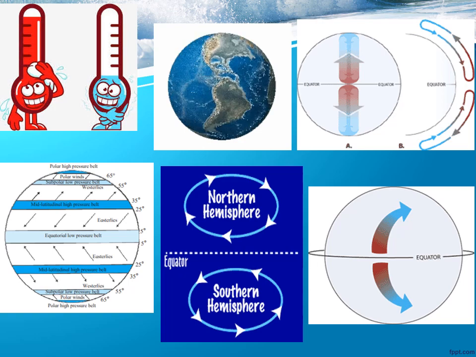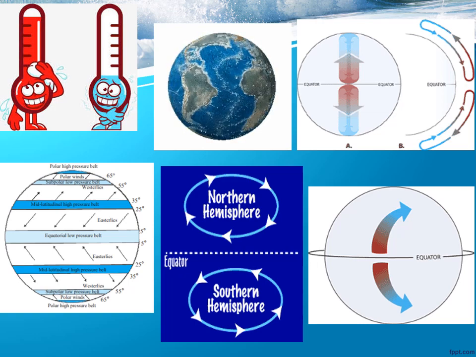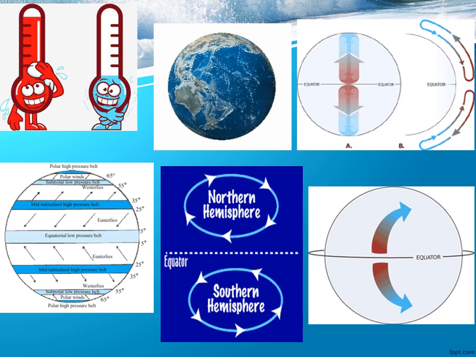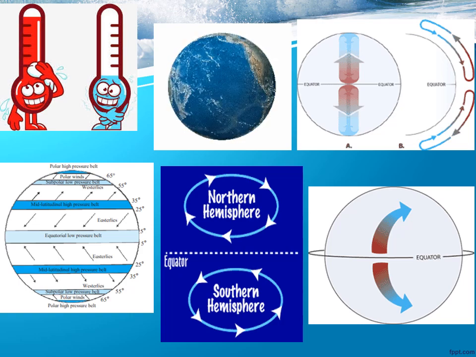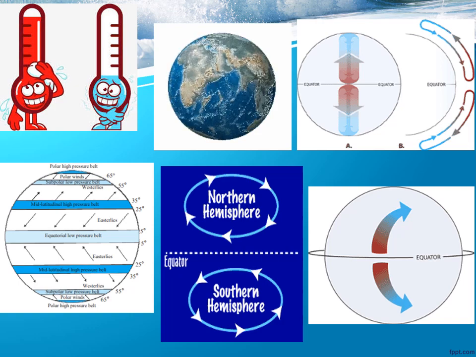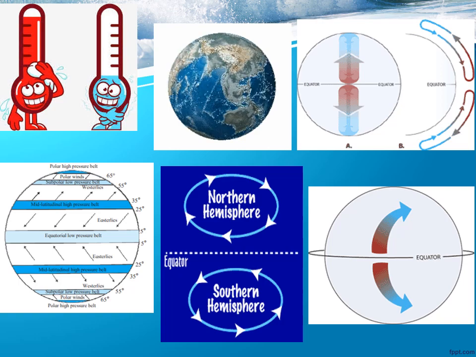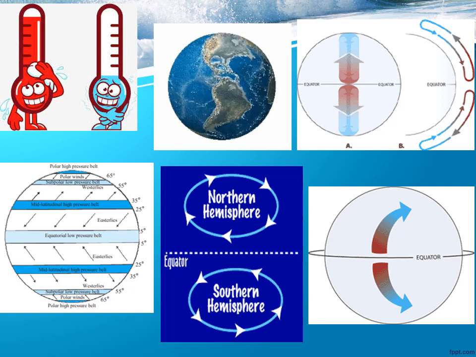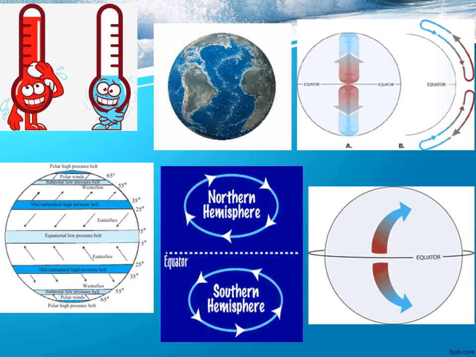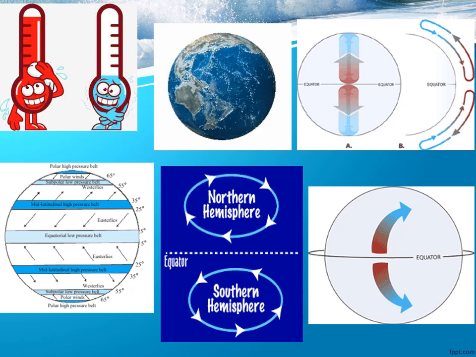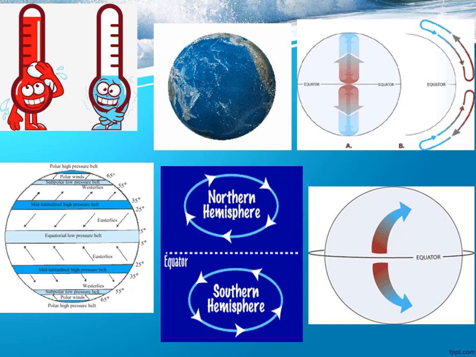This deflection is called the Coriolis effect. It is named after the French mathematician Gaspard Gustave de Coriolis, 1792 to 1843, who studied the transfer of energy in rotating systems like water wheels.